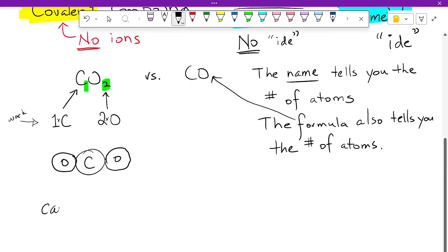Carbon dioxide. What does the prefix di mean? 2. Di means 2. So that's how the name tells you the number of atoms.